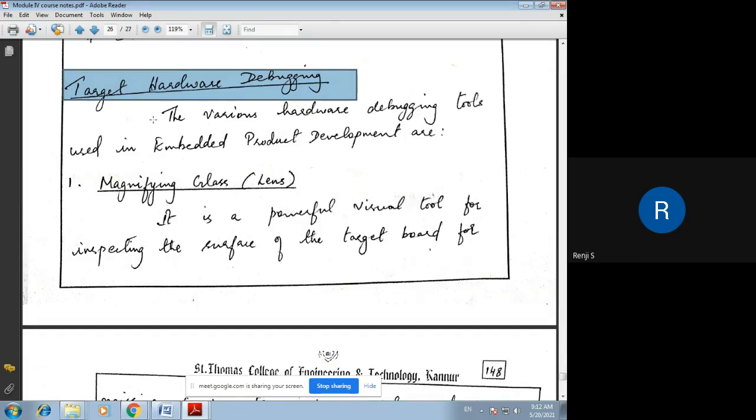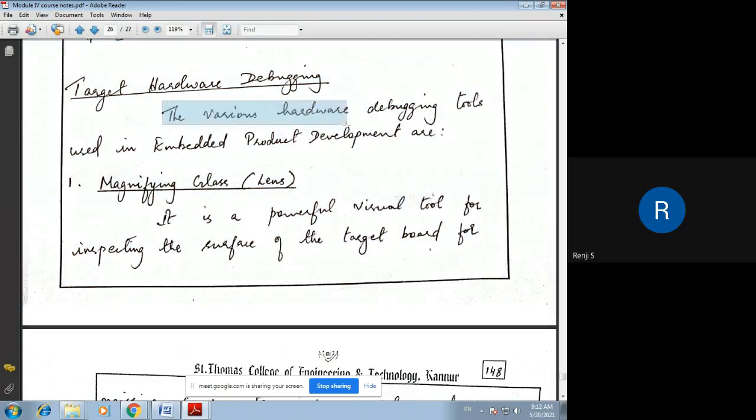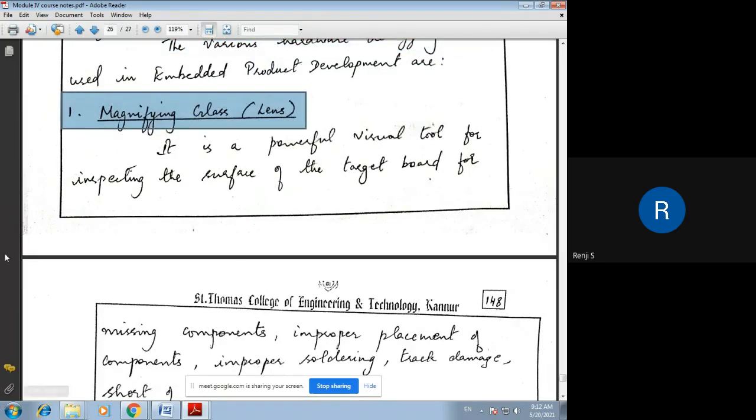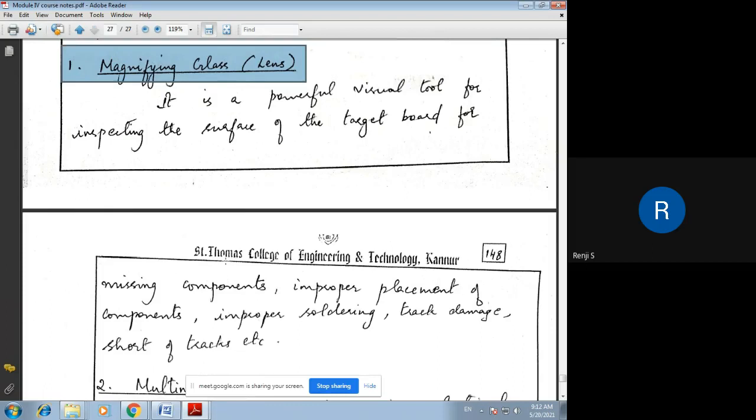The various hardware debugging tools that we use in embedded product development are, first of all, a magnifying glass or lens. You have seen the lens, isn't it? If you want to see minute objects, you use the magnifying lens, and it is a powerful visual tool for inspecting the surface of the target board.